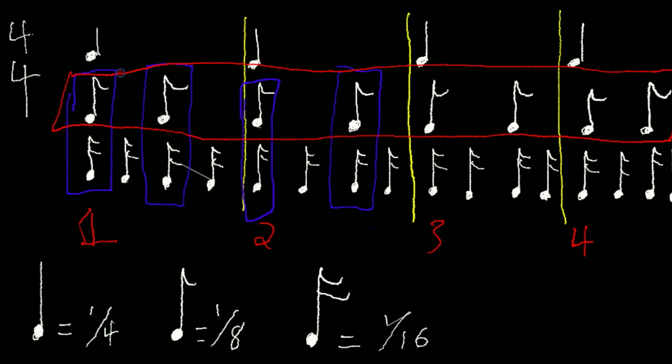So here we go. 1 and 2 and 3 and 4 and. Okay? I'll do that one more time because I don't think I was doing it too well. 1 and 2 and 3 and 4 and. Okay?